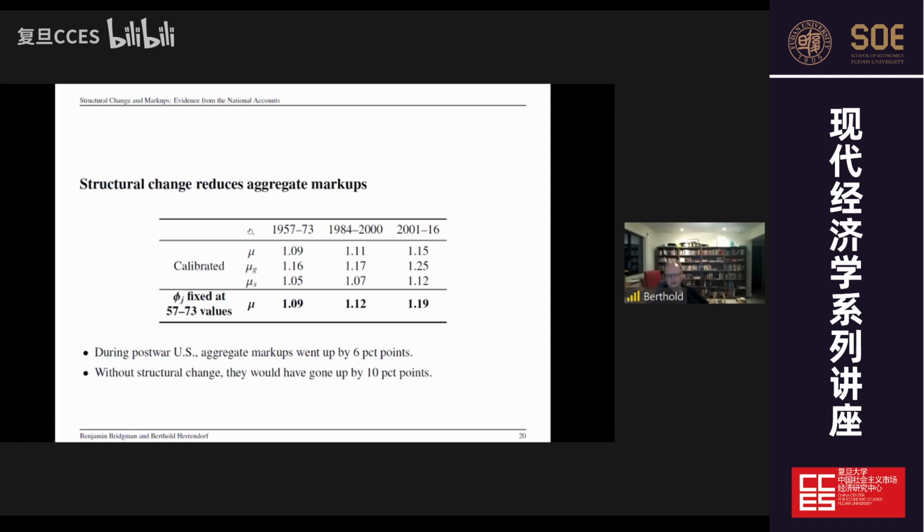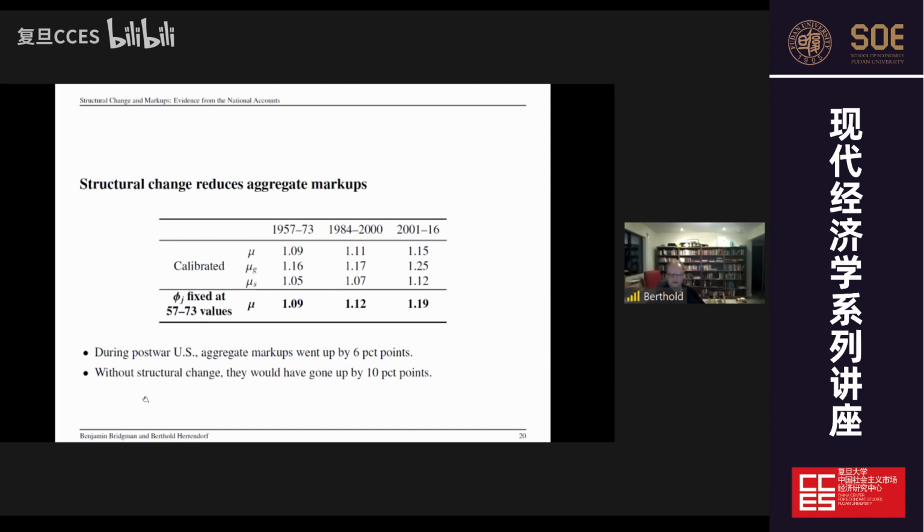That way we avoid the post-war turbulent period, and we avoid the oil price shocks. Recalibrate the economy, and now we can ask the structural change question, namely, what would have happened if in 84 to 2000, 2001 to 16, the composition had been the same as in 57 to 73. Okay, that is the last.